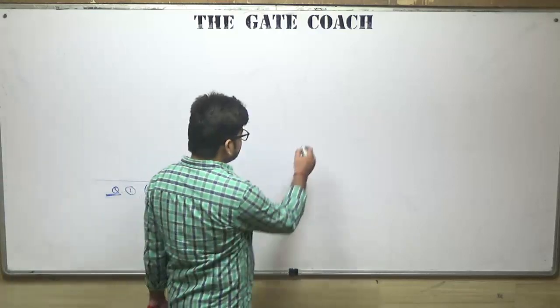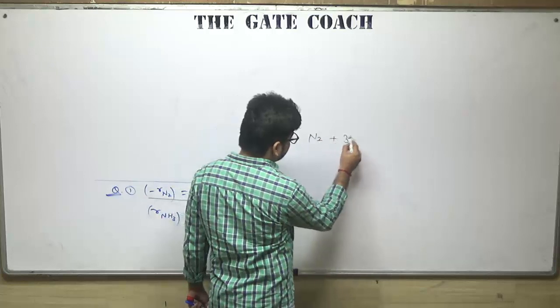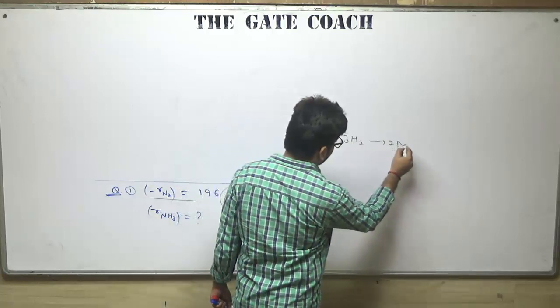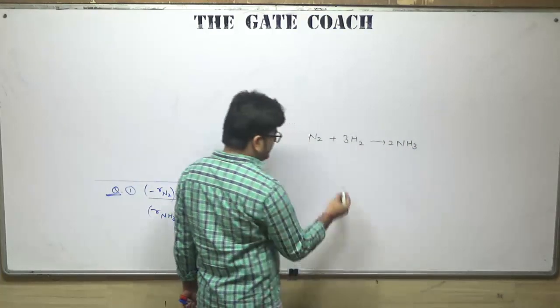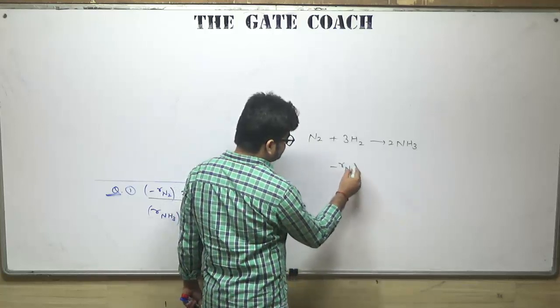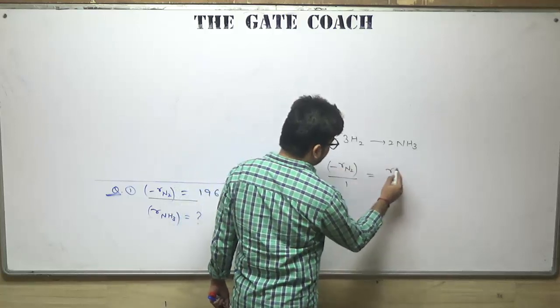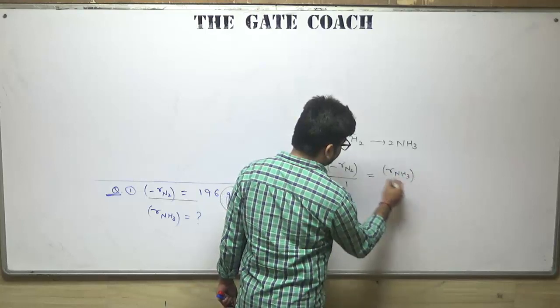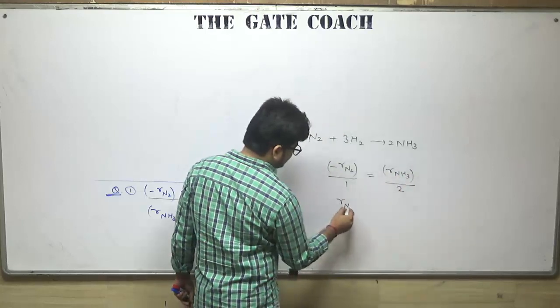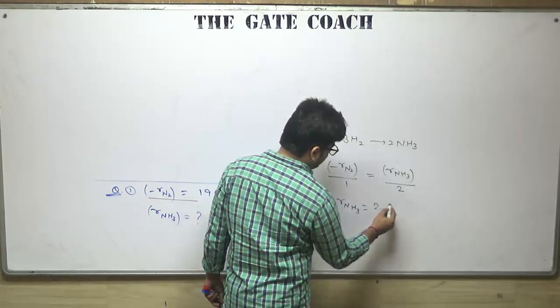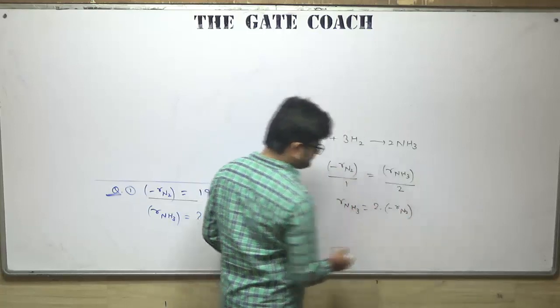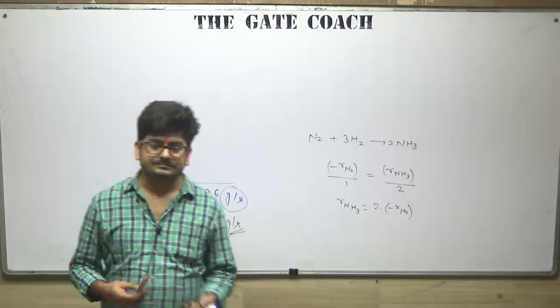So for ammonia synthesis, N2 plus 3H2 gives 2NH3. We know that the relative rates will be minus rN2 over 1 equal to rNH3 over 2. That means rNH3 is equal to 2 times minus rN2. Simple.